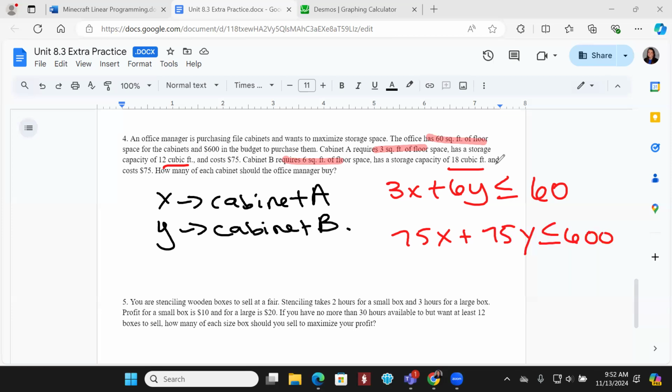But think about this though. You have floor space. You got 3 square feet of floor space. That's what matters inside this 60 square feet. The storage thing doesn't do anything.